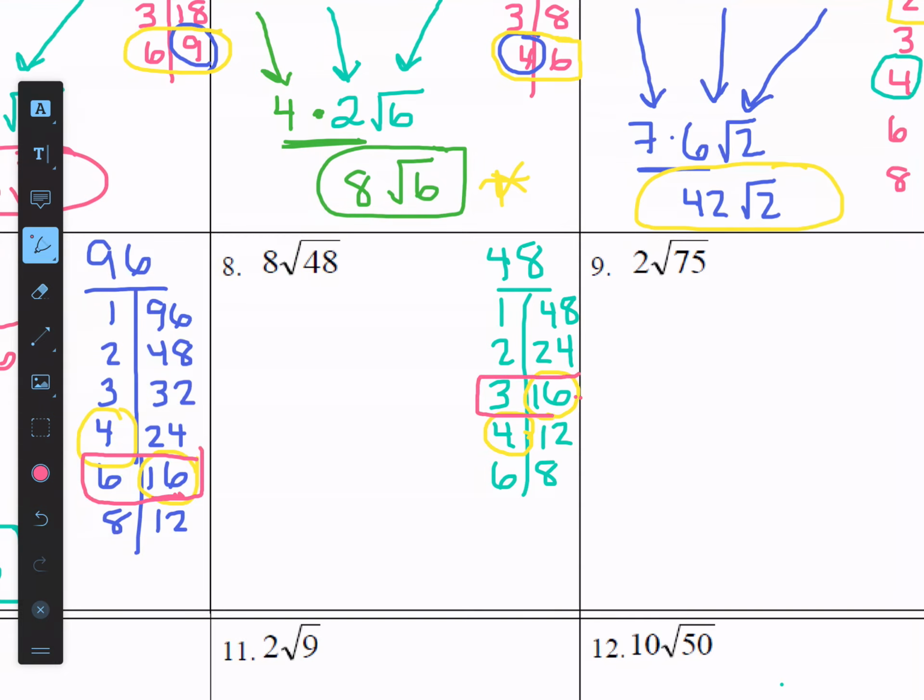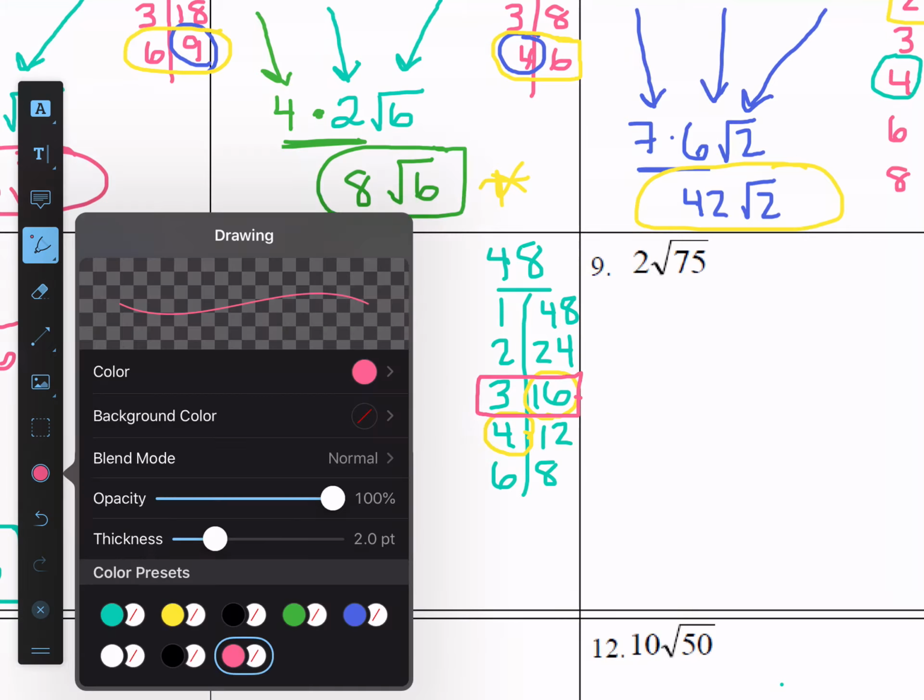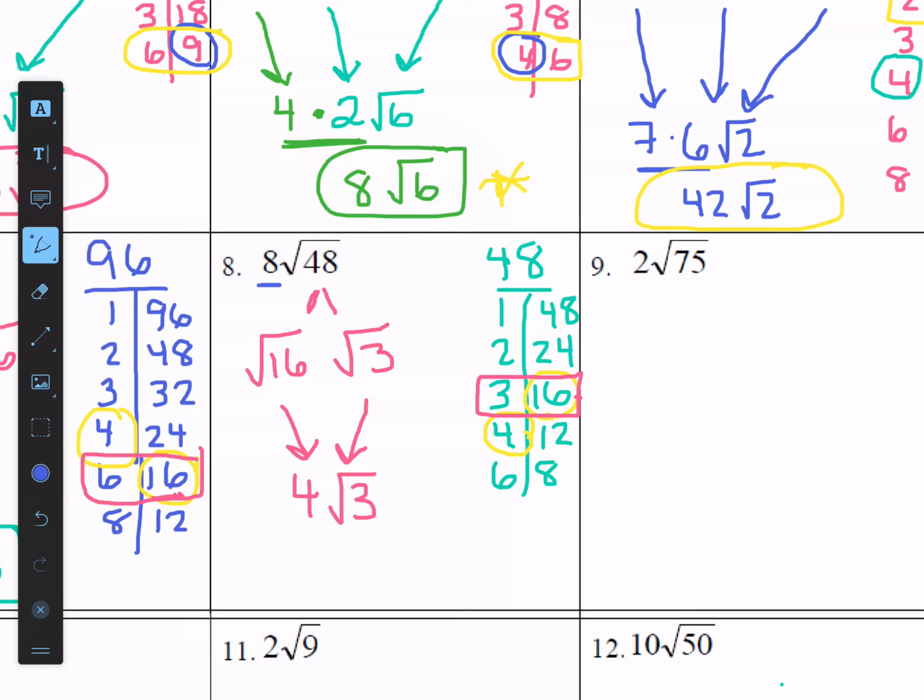So that means that's our pair that we're using, the 16 and the 3. So we're going to branch this to our perfect square pile, 16, and our non-perfect square pile, the 3. So the square root of 16 is 4. And we bring down our radical 3. And now don't forget the guy we started with, the 8. So we're going to bring our 8 down. And then 8 times 4, we get 32 radical 3. Boom.